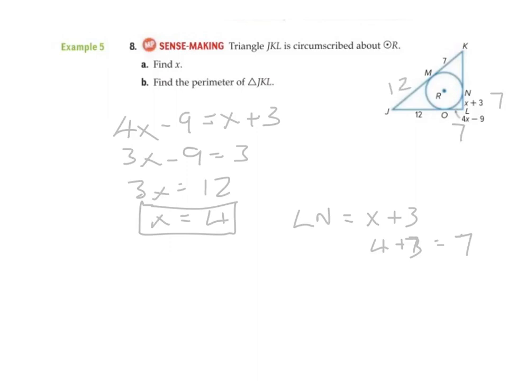And from M to K is 7, so from K to N has to be 7. So basically, each side you've got 4 lots of 7, so 4 times 7, and you're going to add on to that 2 times 12, which is 24. So 28 plus 24 is equal to 52. So the perimeter is 52.